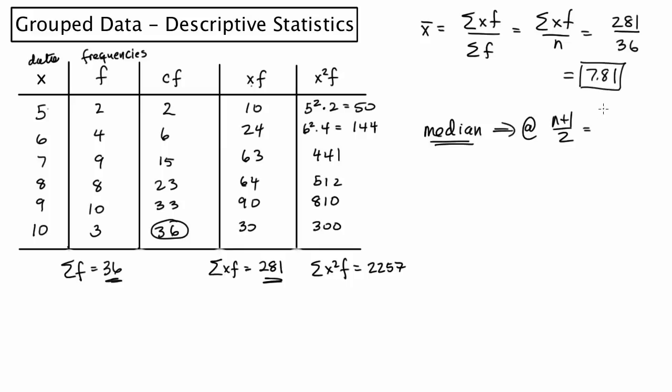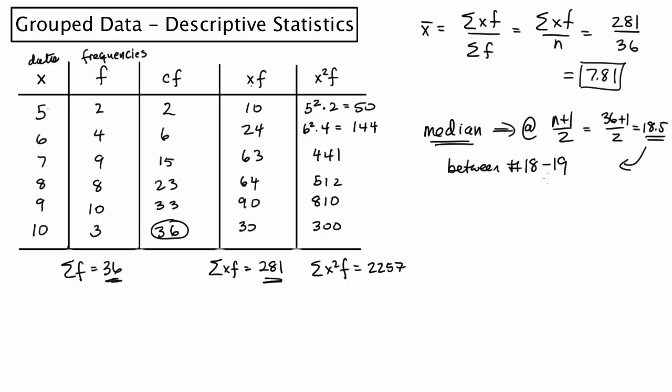So n in this case is 36, and so 36 plus 1 is 37, divided by 2, that's going to be in the 18.5 position. Remember from in class we said this means it's between numbers 18 and 19 in the data set.